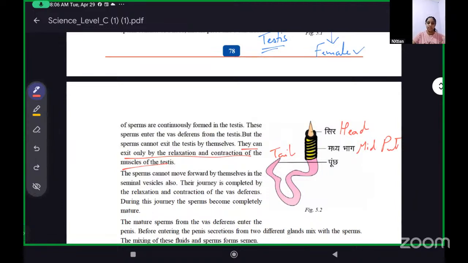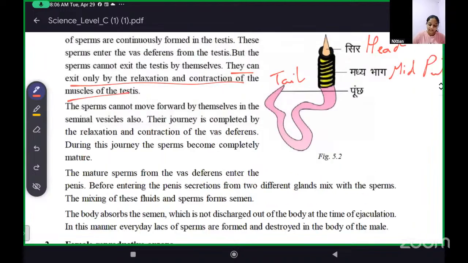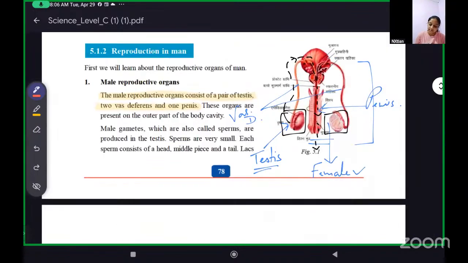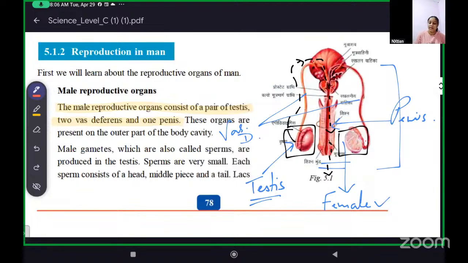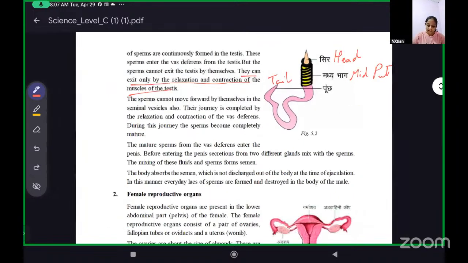That's how the movement takes place. The sperms also cannot move forward by themselves in the seminal vesicles. The journey is completed by the relaxation and contraction of the vas deferens, the pipe, which pushes them forward. During the journey, the sperms become completely mature.